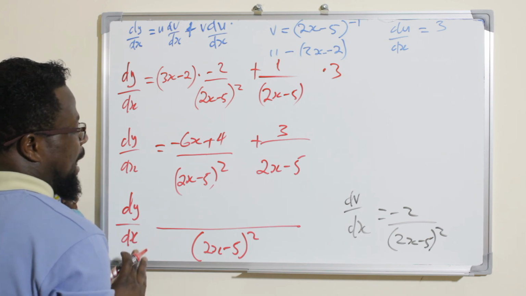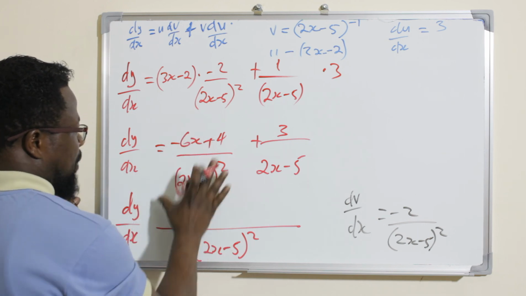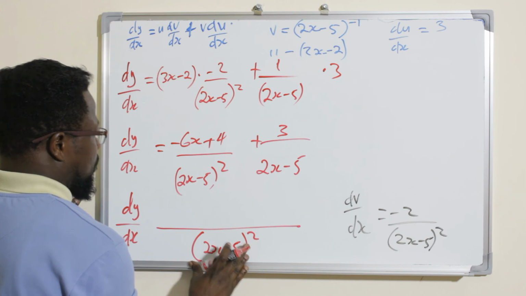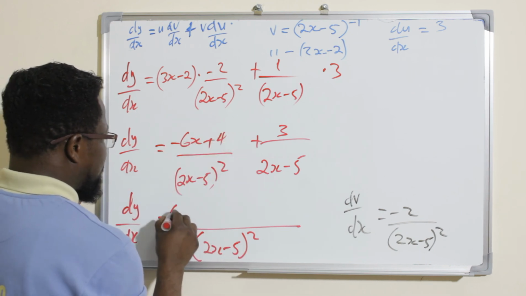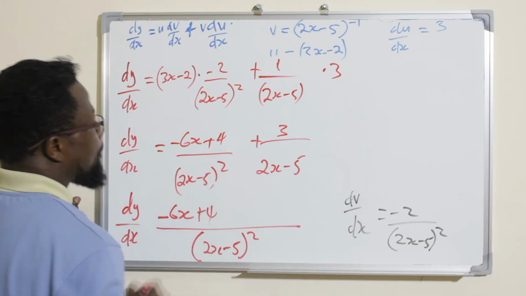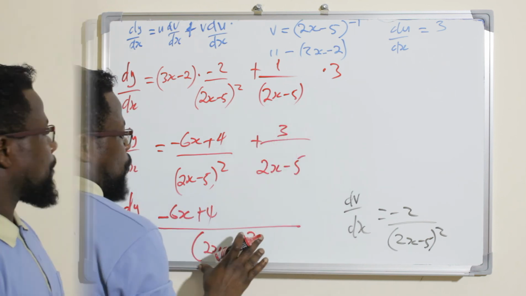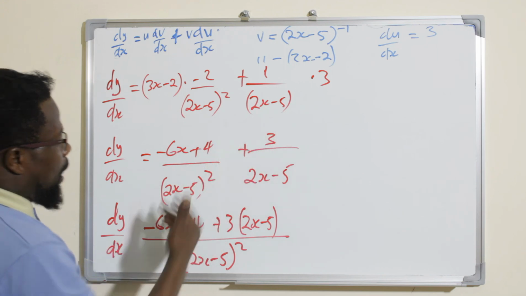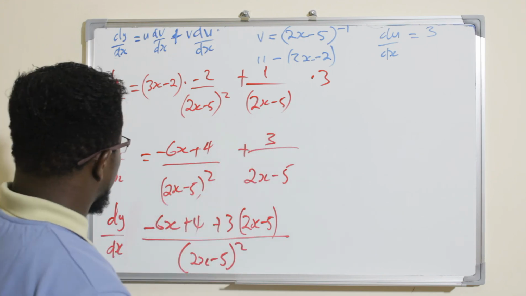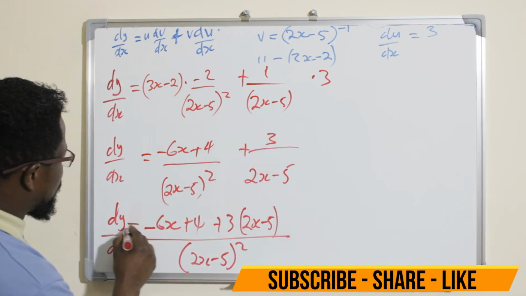So if I multiply each of them by the common denominator, this is going to cancel this out. So we'll be left with just negative 6x plus 4. And here I'm multiplying this whole fraction also by the common denominator. So now we have found the common denominator for this. Okay, sorry for that. There is an equal to sign here.